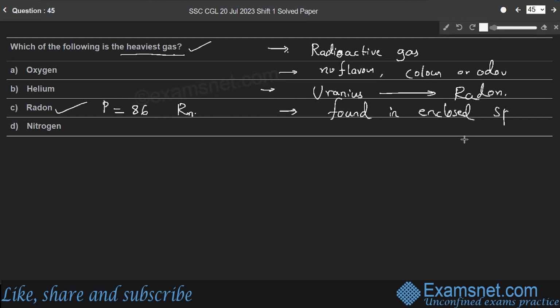Radon is one of the leading causes of lung cancer, right? For the given question, the heaviest gas is radon. Option C is the right answer.